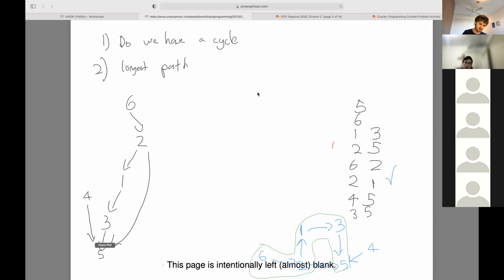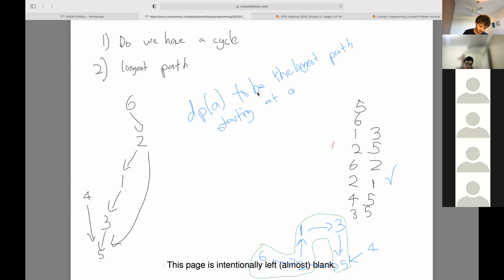This is our graph here, and we define dp of A to be the longest path starting at A. And how do we compute dp of A?